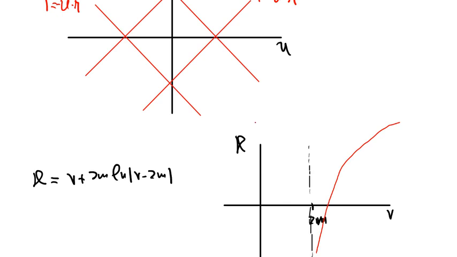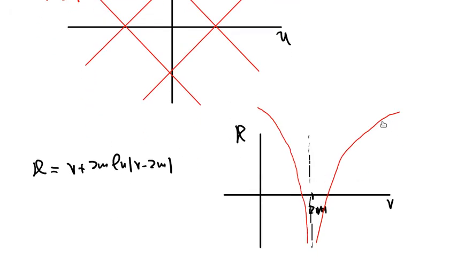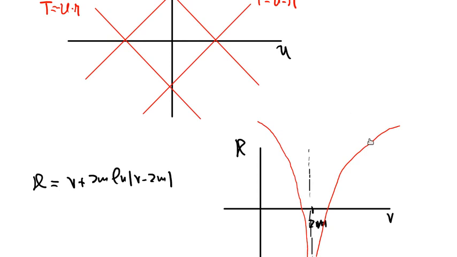And for the moment, since we are dealing with the case r bigger than 2m, we only need to care about one side of the graph, right? Okay.